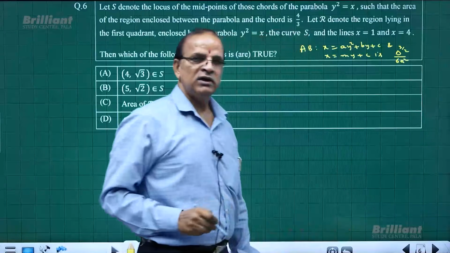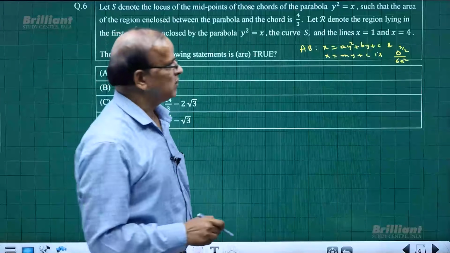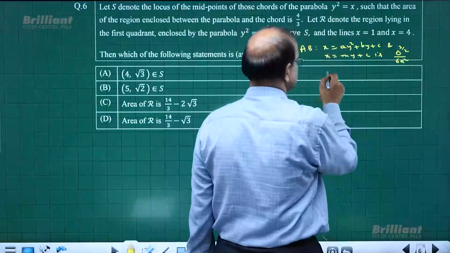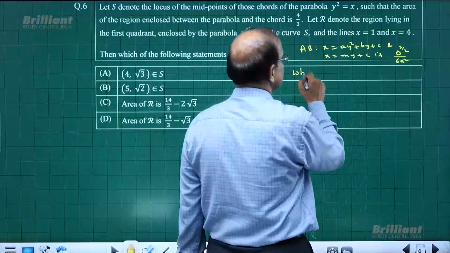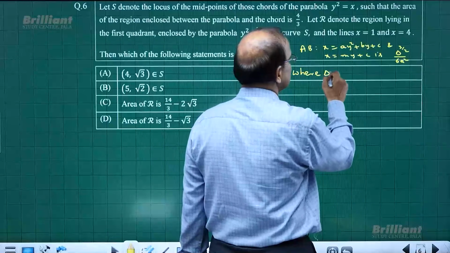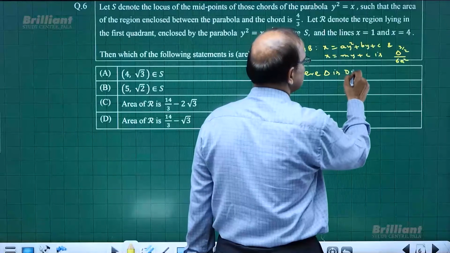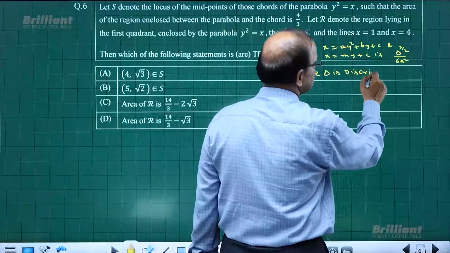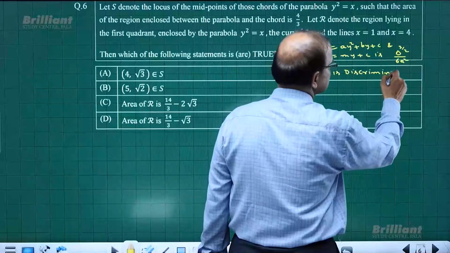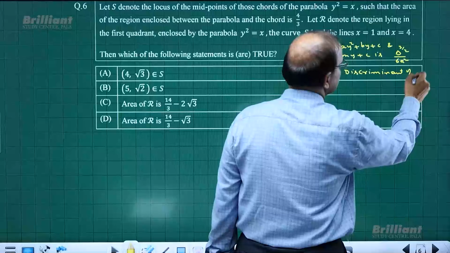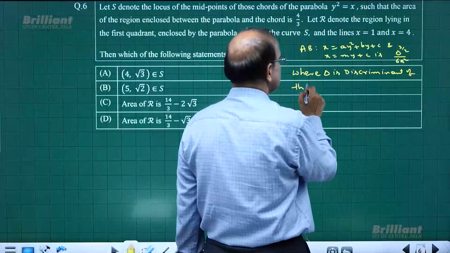What is delta? Delta is the discriminant of the quadratic equation.